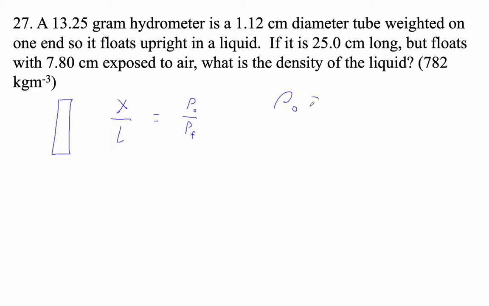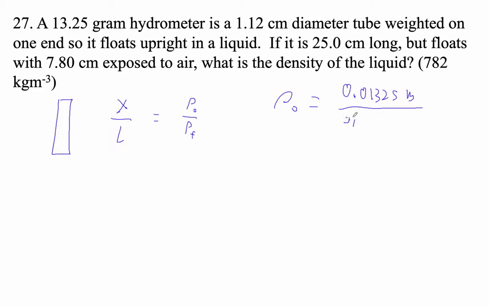So the density of my object is just the mass of it, 0.01325 kilograms, divided by the volume. It's a tube, a cylinder, so the volume is pi r squared h.